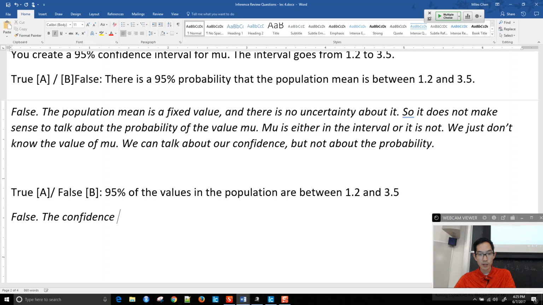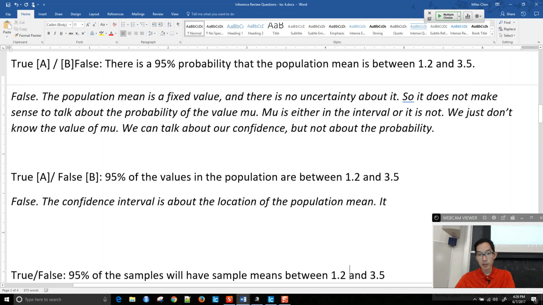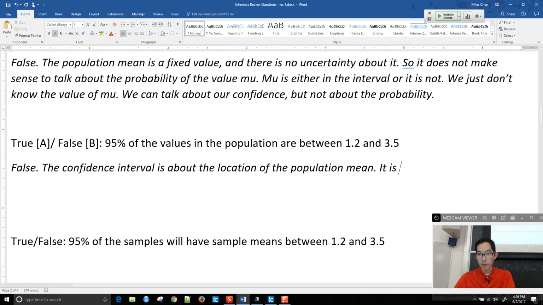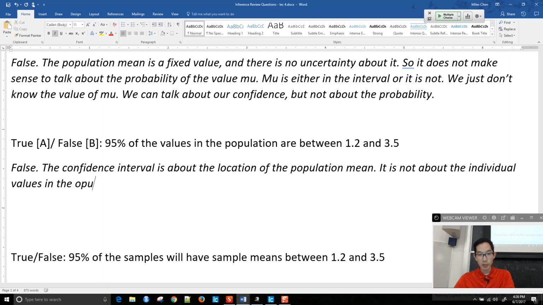The confidence interval is about the location of the population mean. It is not about the individual values in the population. Here's a counterexample.